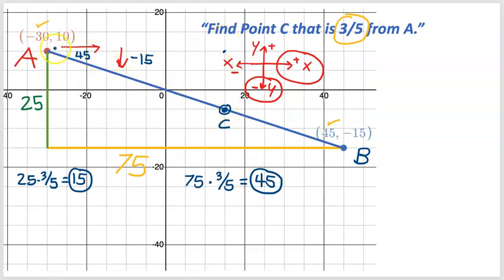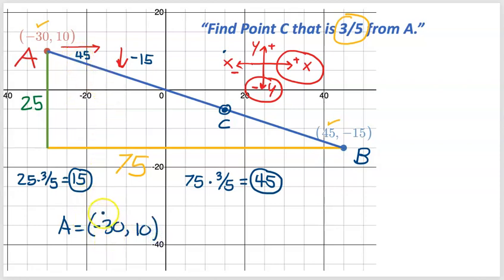Mathematically, instead of counting, let's see if I can also do that mathematically. You can start at A, and then you can add 45. So let's see here. Maybe I'll do that right here. So here's coordinate point A. It's -30 and 10. And let's apply my movements.